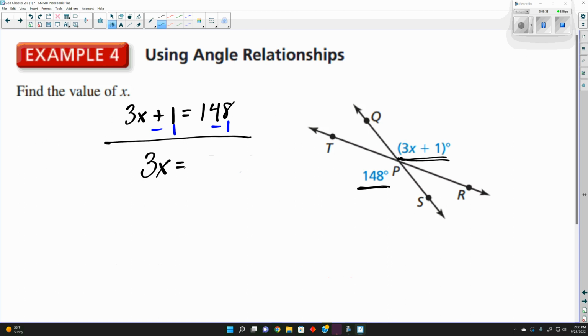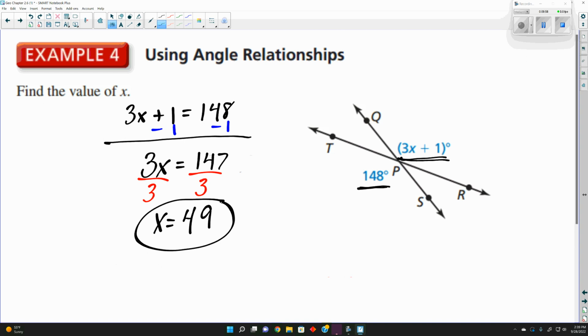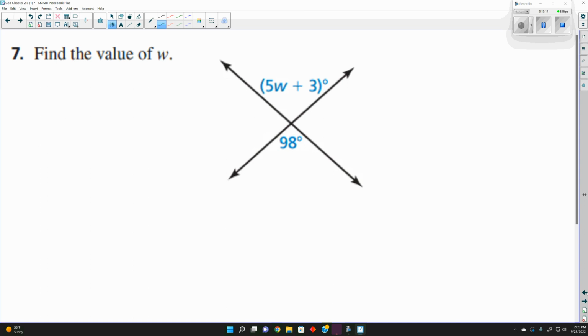Now 148 minus 1 is 147. 3 goes into 14 4 times, which gives us 49, so x is 49. Any other questions on this here? Ready for the next one? We just find x.